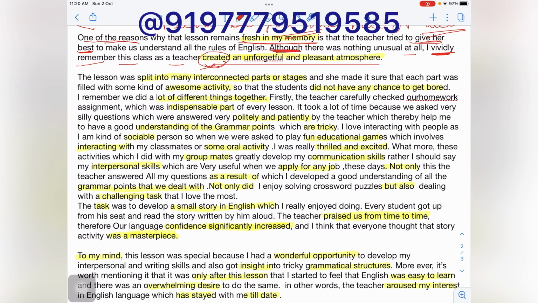The lesson was split into many interconnected parts, means they were connected to each other, all the parts, the stages, and she made sure that each part was filled with some kind of awesome activity, means a very interesting activity where you get involved.